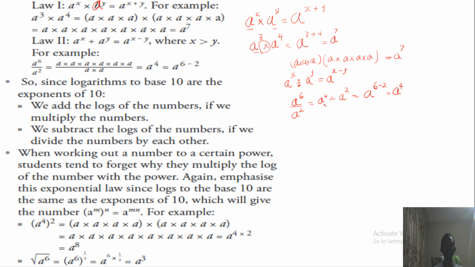Yes. So, since logarithms to base 10 are the exponents of 10, we have the logarithm of the numbers. If multiplying the numbers, meaning if you have log 10 to base 10 multiplied by log 100 to base 10, basically this will be log 10, then open bracket.